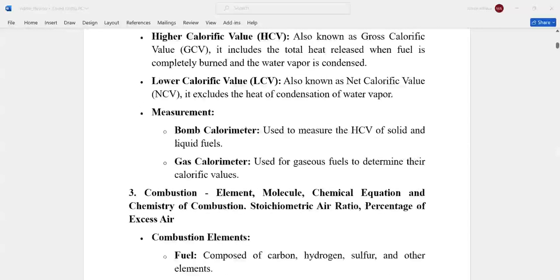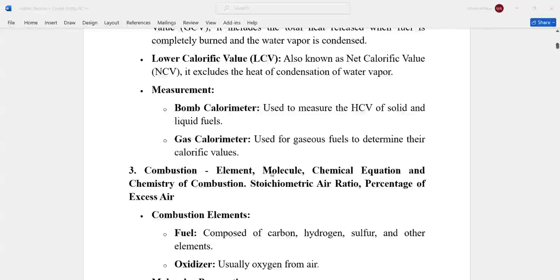To measure these two calorific values, you can use a bomb calorimeter to measure the HCV of solid and liquid fuels. Then you can use a gas calorimeter for gaseous fuels to determine their calorific values.